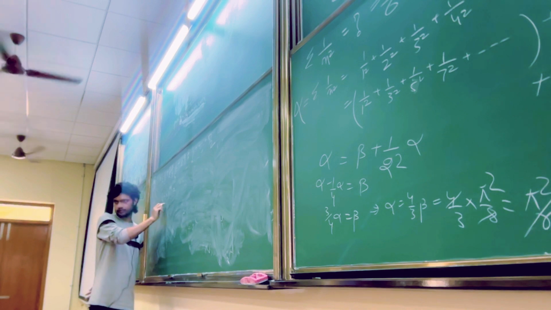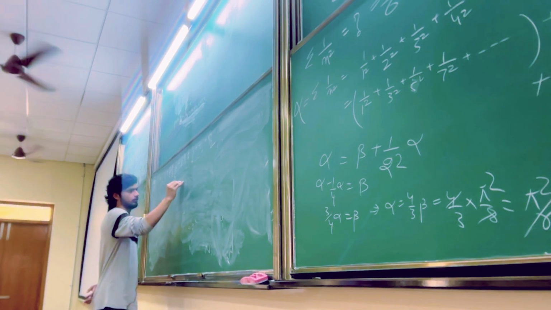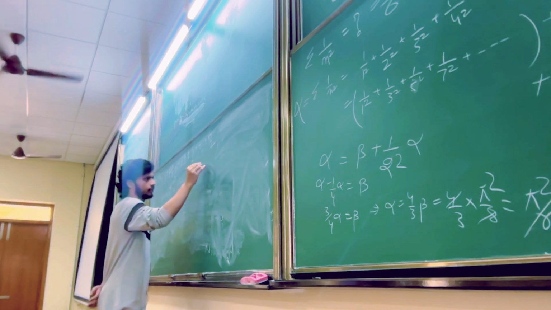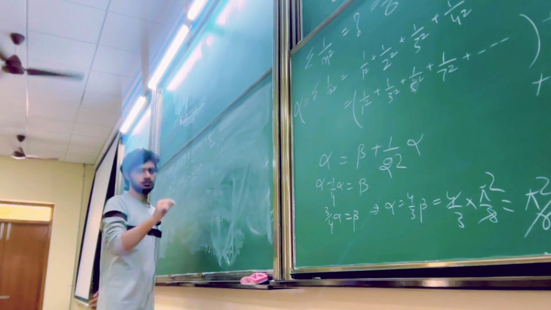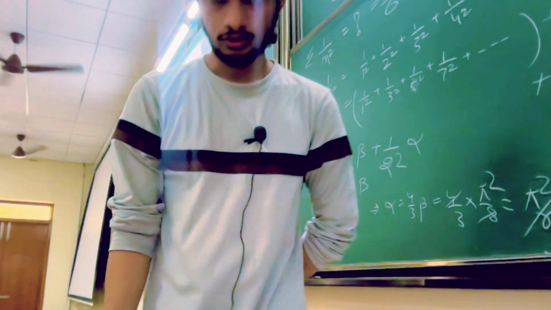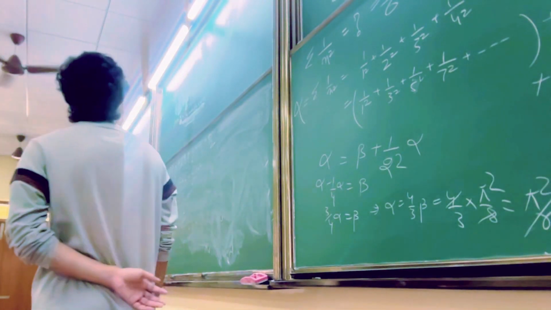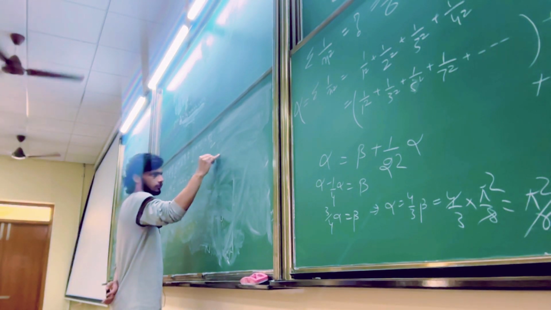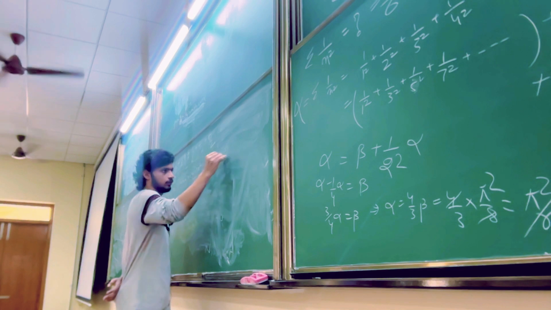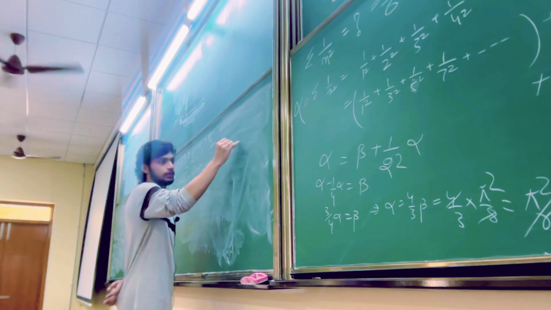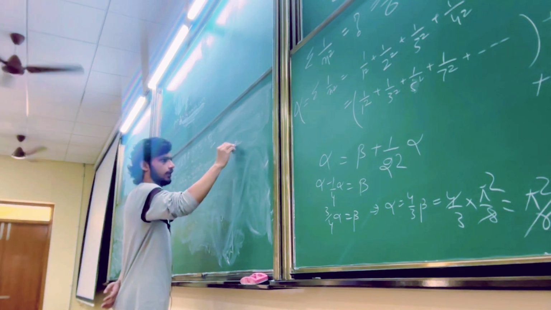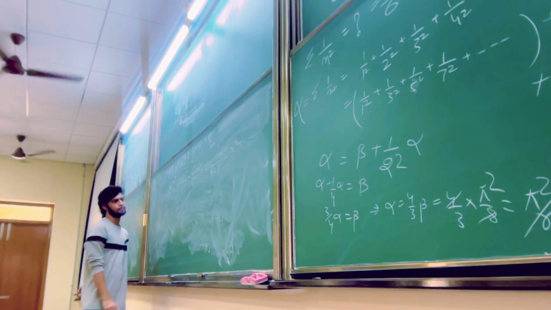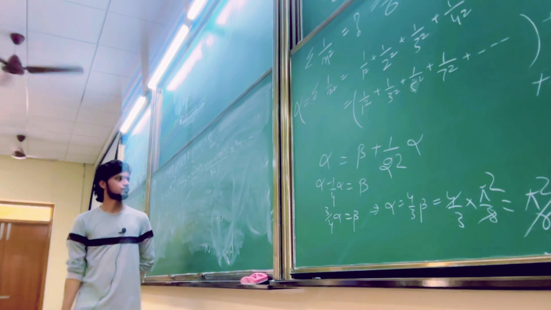This series expansion is 1 plus mx plus m into m minus 1 x square by 2, I think, yeah, by 2. Plus m into m minus 1 into m minus 2 upon 1 dot 2 dot 3 into x cube, and so on.